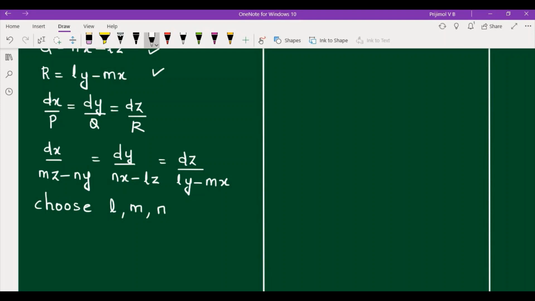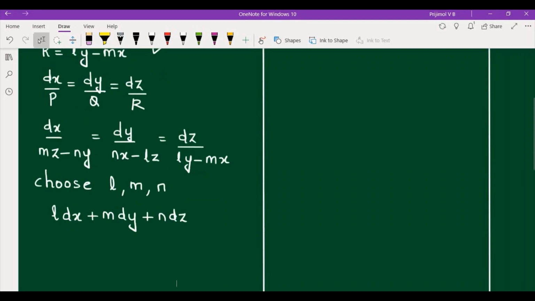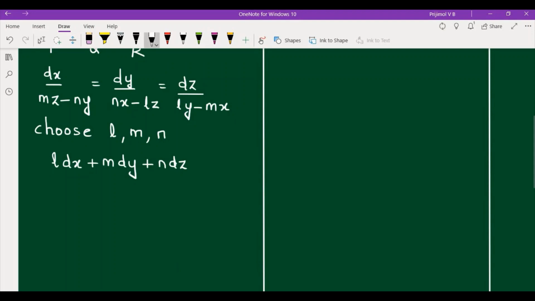See, all these selecting the multipliers comes with practice. You have to practice this a lot, only then you will get to know what are the multipliers you have to select. So I have multiplied by L for the first ratio, M for the second ratio, and N for the third ratio, and L, M, N are all pure constants, they are not the variables.